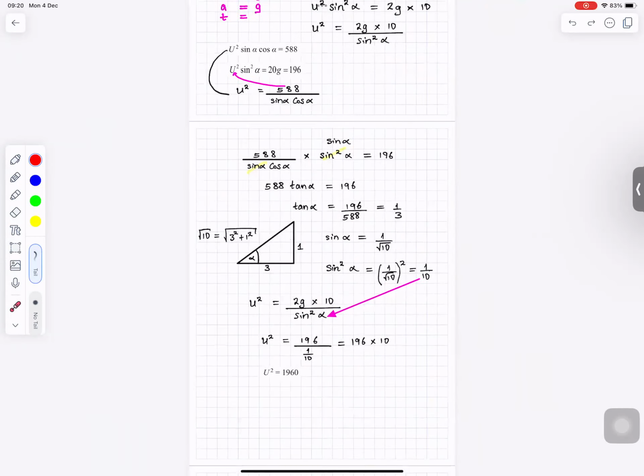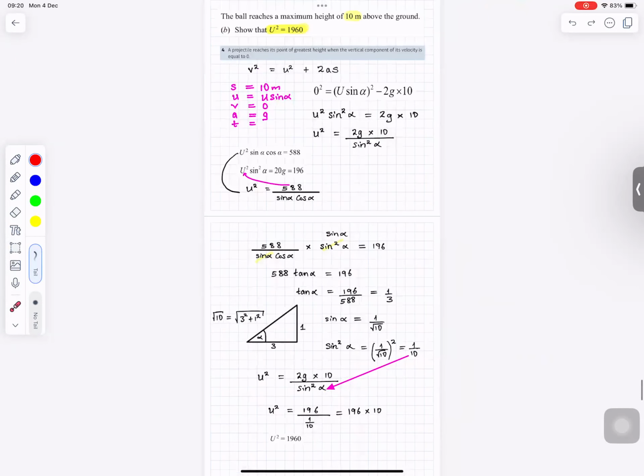So just to quickly recap what we're doing with all this rearranging and substituting here. We started with u squared sine alpha cos alpha is 588. We made u squared the subject. And then what we did now was we arrange and we simplify by changing sine over cos to be tangent.